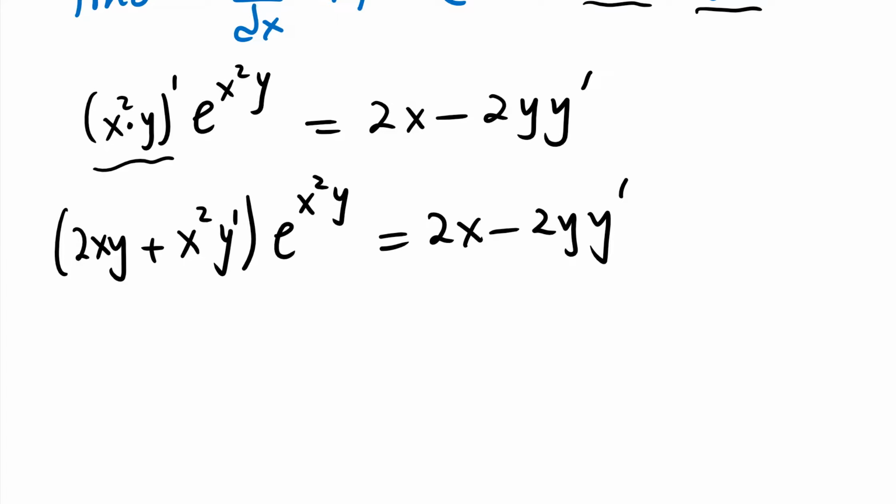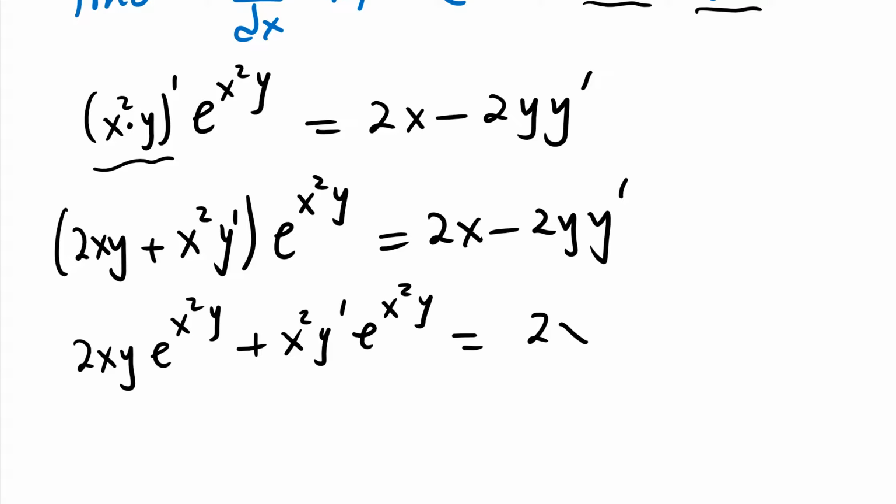Then we need to solve for y prime, so we distribute: 2xy e to the x squared y plus x squared y prime e to the x squared y equals 2x minus 2y y prime.